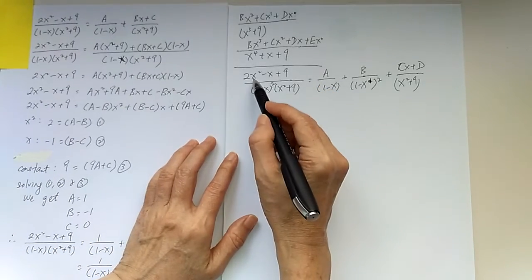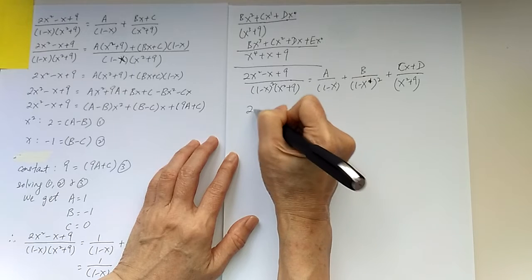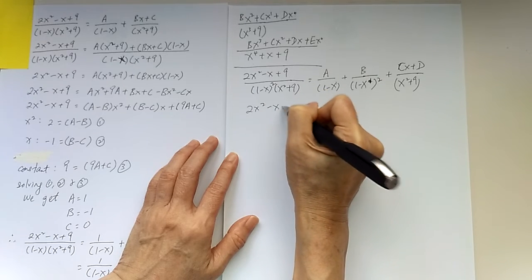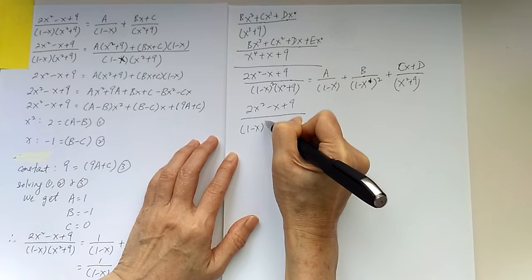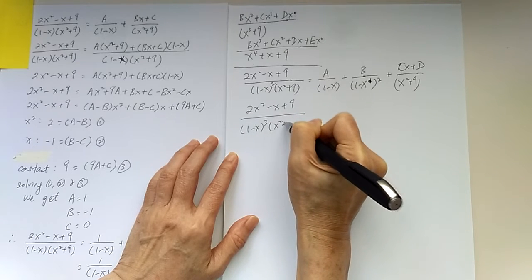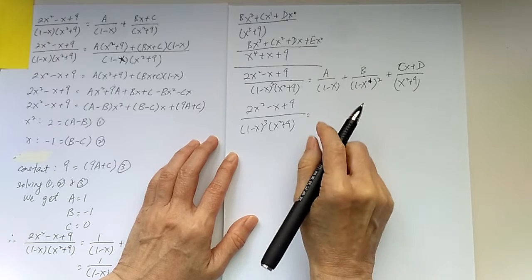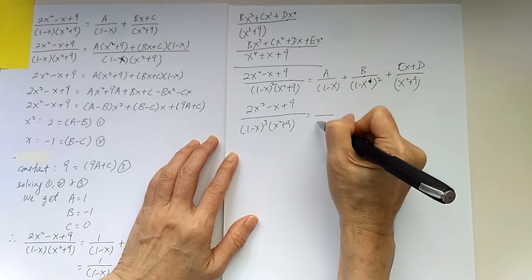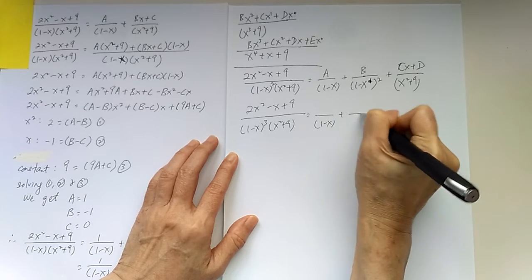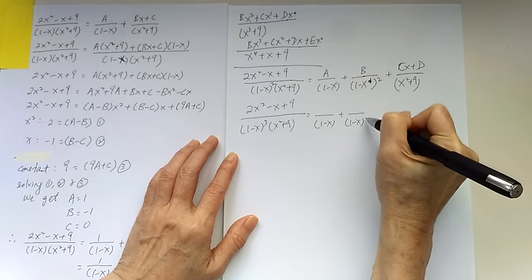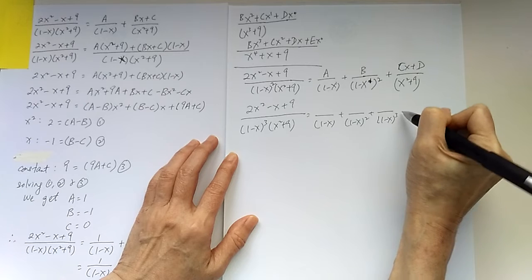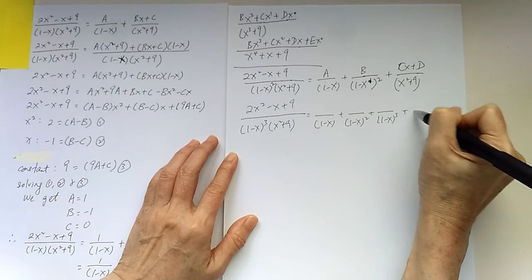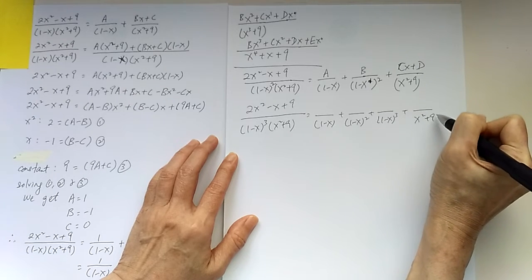Just to give you one more example, we can break down into 4 fractions: 1 minus x plus 1 minus x squared plus 1 minus x to the power cube plus x squared plus 9.